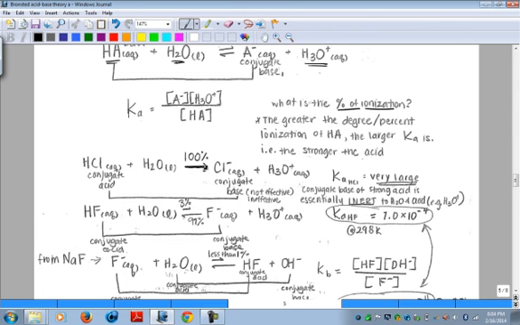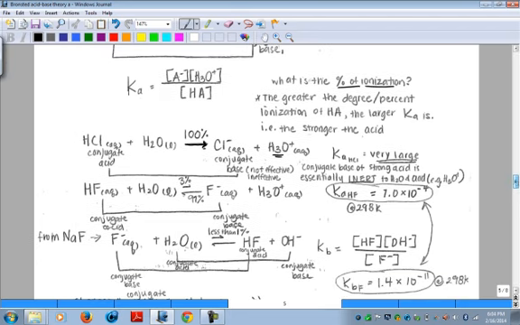Practically speaking, at equilibrium, about 100% of the HCl molecules have reacted with water, fully ionized, turning it into hydronium cation, and thus the conjugate base of hydrochloric acid, which is chloride, is formed, and it's such an incredibly weak base it doesn't react with H3O plus to any degree to regenerate the strong acid HCl. If it did so, we wouldn't call HCl a strong acid.